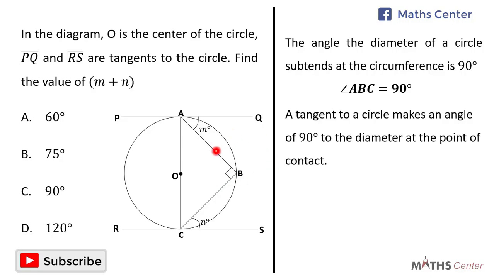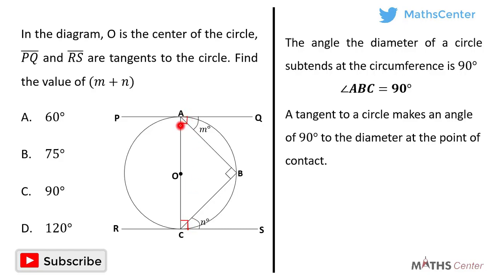Another theorem of a circle is that a tangent to a circle makes an angle of 90 degrees to the diameter at the point of contact. So at the point of contact, the tangent makes an angle of 90 degrees with the diameter. It means that the total angle here is 90 degrees, and the total angle here too is 90 degrees.